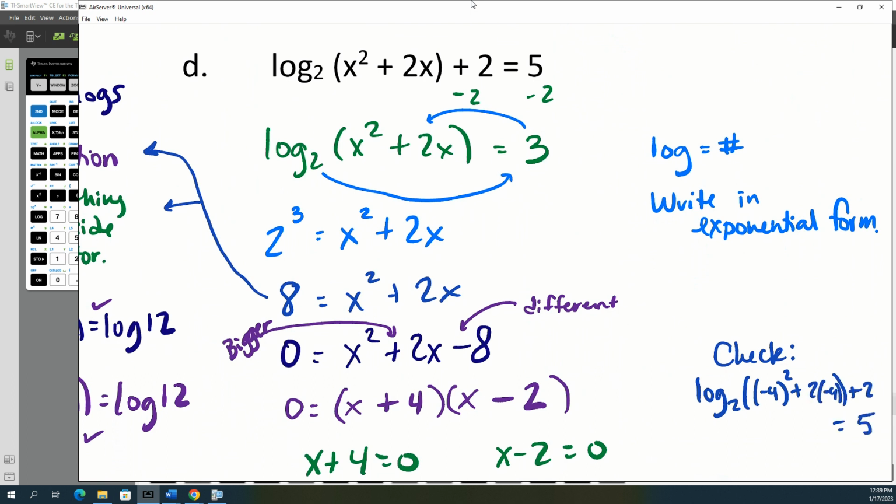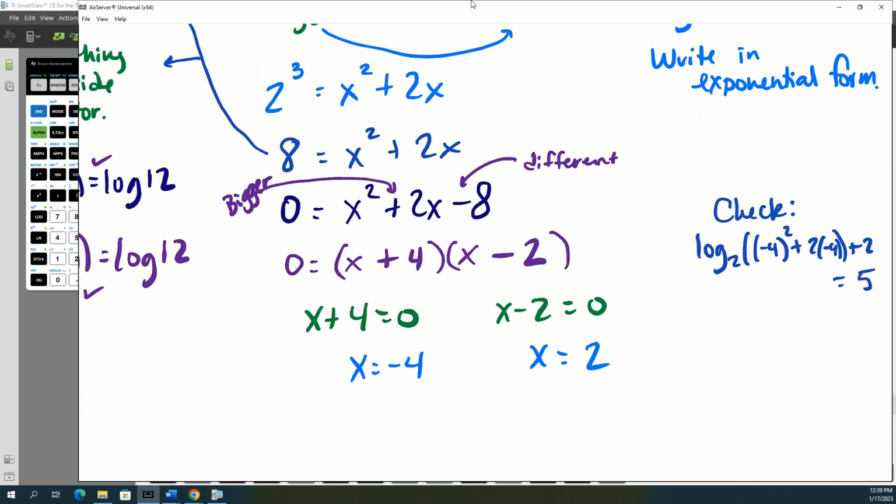All right, and see if that gives us 5, and then do the same thing with 2.